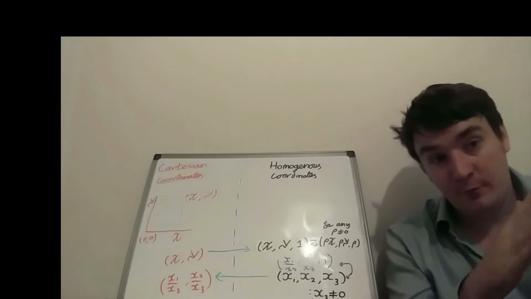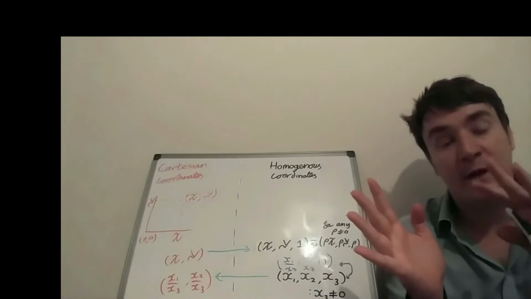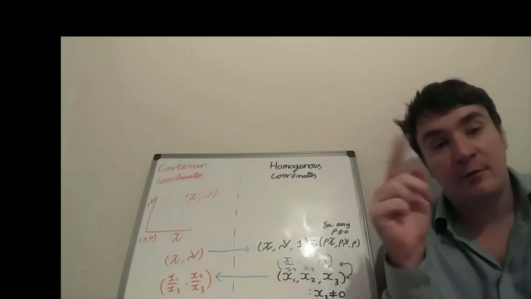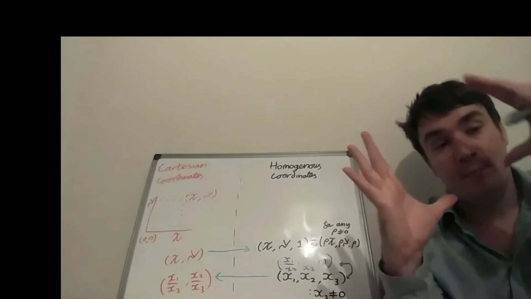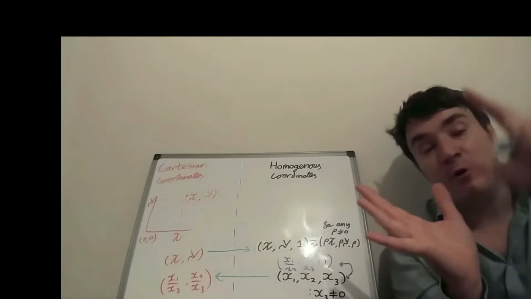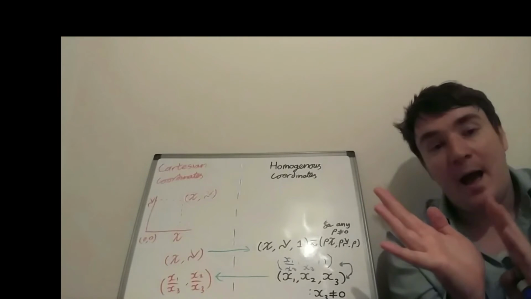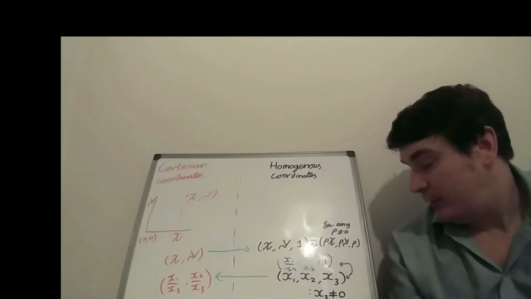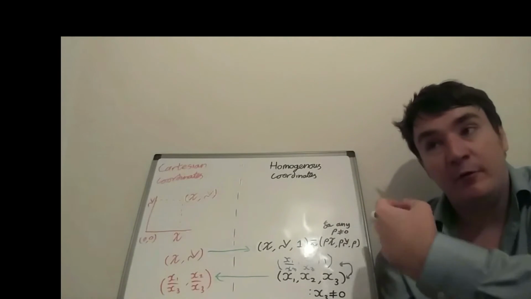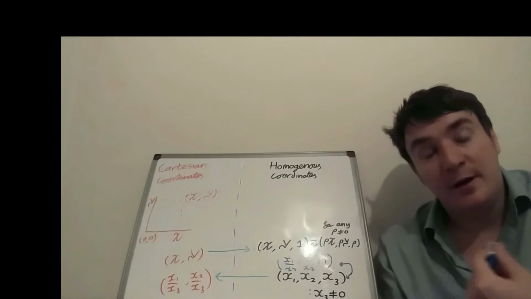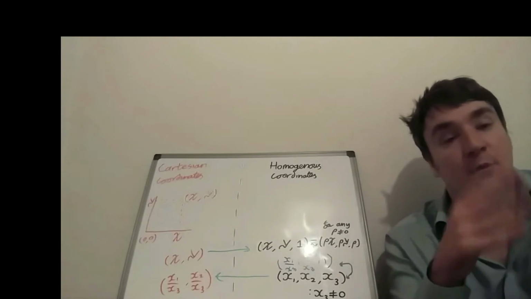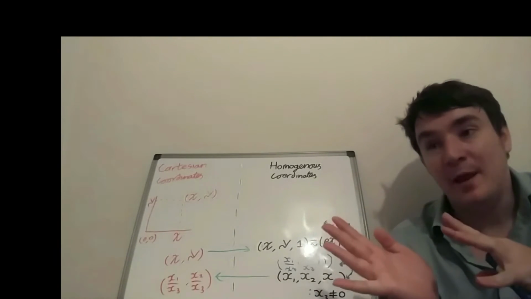And when we think about projective geometry, we can imagine augmenting the Euclidean plane by this set of points at infinity. The homogeneous coordinates give us a way to think about and include such points and do analytic geometry involving them.